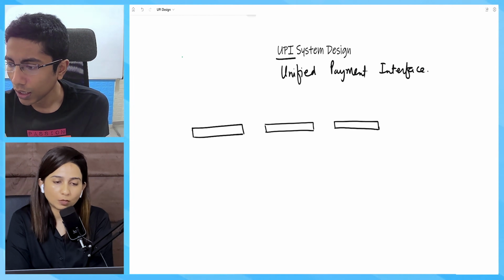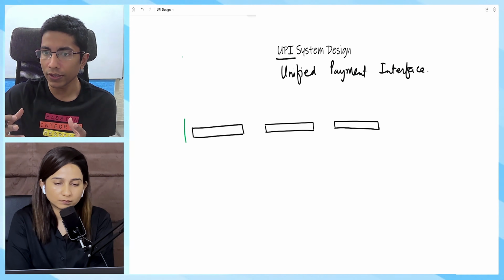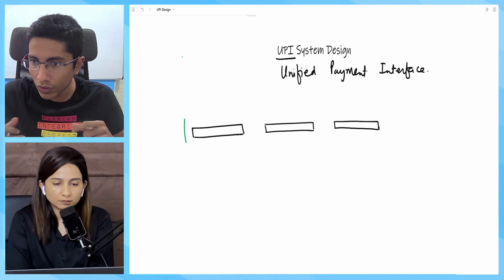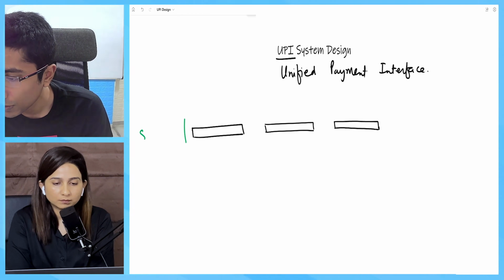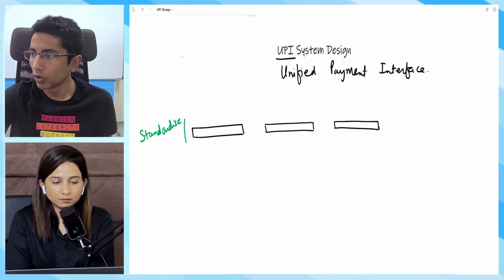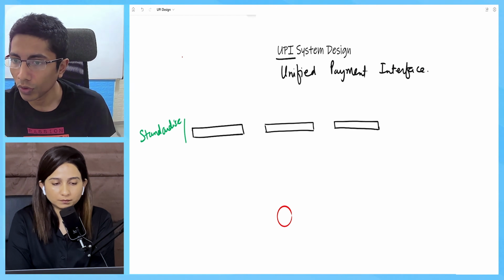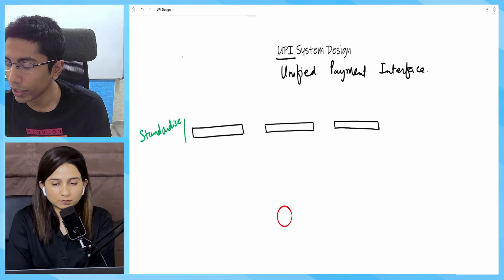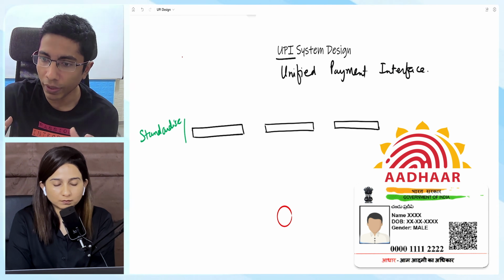As a government, this is the ideal place to come in when you have many private entities creating different systems with different behaviors. You can step in and standardize this so that the end customer, the users, can have similar behaviors for any kind of payment or transaction. This is also true in the case of Aadhaar, and when any large scale project is picked up by a government.